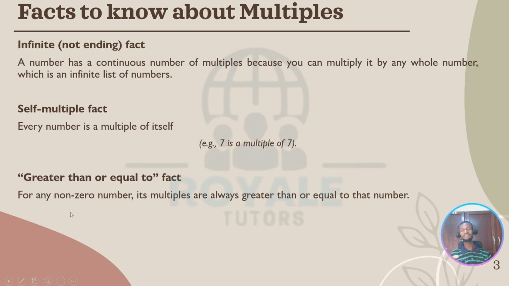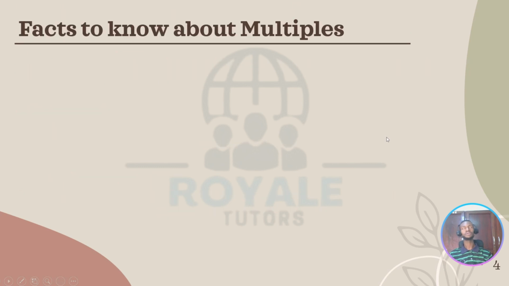So that means for every non-zero number, its multiples are always greater than or equal to that number. For example, the multiples of 5 are 5, which is equal to 5, 10, which is greater than 5, 15, which is greater than 5. So that is what I'm saying: there are greater than or equal to facts about numbers.